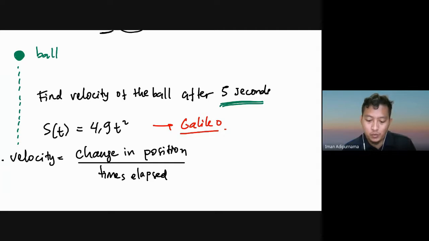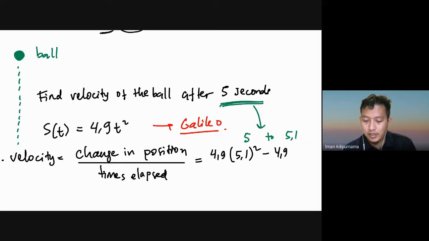So what I can do here is, let's say we go from 5 to 5.1. So we have a 0.1 change in time. We can plug 5.1 and 5 into our equation and divide by 0.1, the difference in the time.